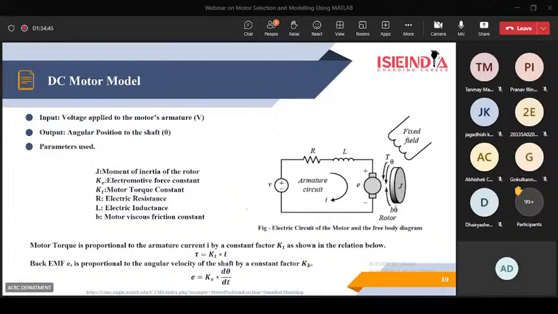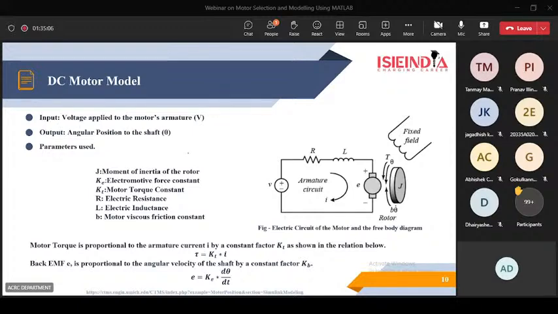By applying different laws, Kirchhoff's as well as Newton's second law, we will calculate the dynamic equations of the motor, and based upon those equations we will do the modeling in MATLAB. So here my input will be the voltage applied.